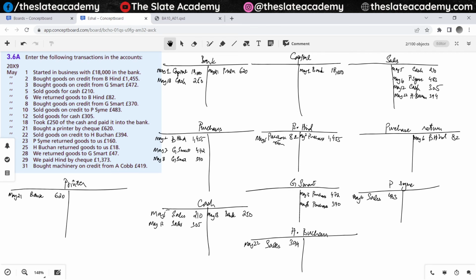23rd. P. Syme returned goods to us, 160. So the double entry would be sales return debit, P. Syme credit. Do we have an account for sales return yet? No. Just below P. Syme, let's open one. Sales return.